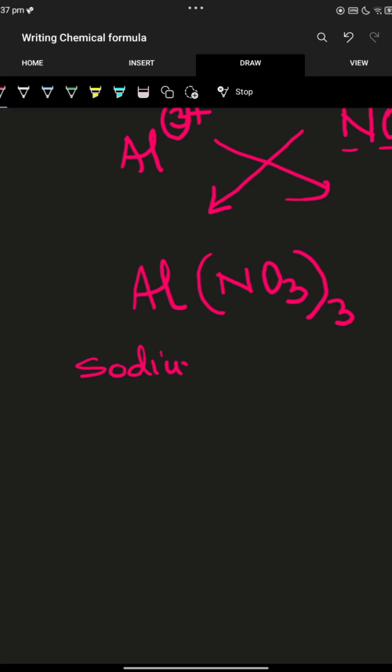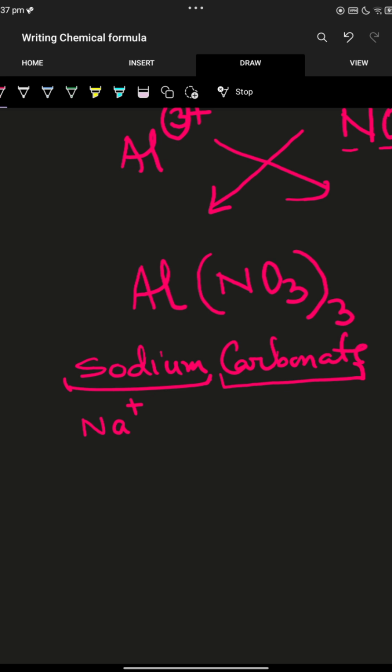When I'm writing sodium carbonate, the symbol of the positive part, sodium, is Na plus ion. Carbonate is CO3 2 minus. So here the valency of sodium is 1, valency of carbonate is 2.